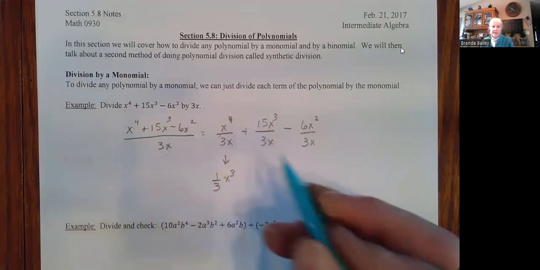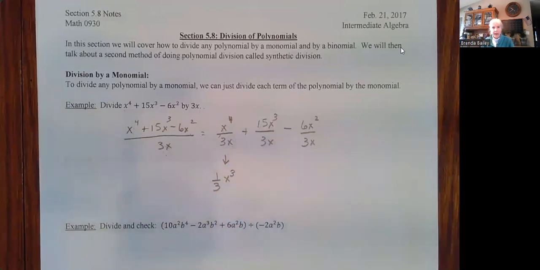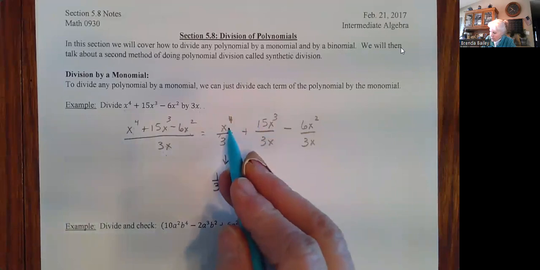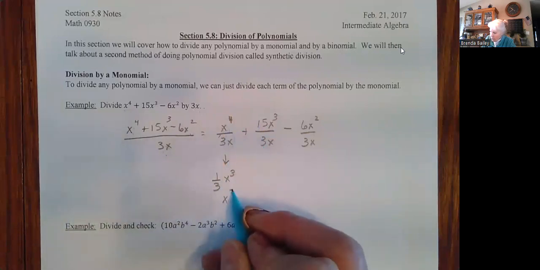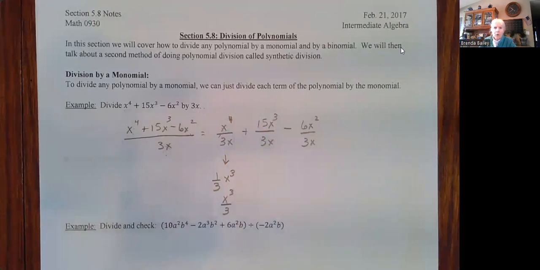Don't forget that 1 is there. That's a common thing to forget. You could write it like that. Another way to write that would be x cubed over 3. Either one will work. They're both correct. You can move the 1/3 in front, or you can just put that over the 3.